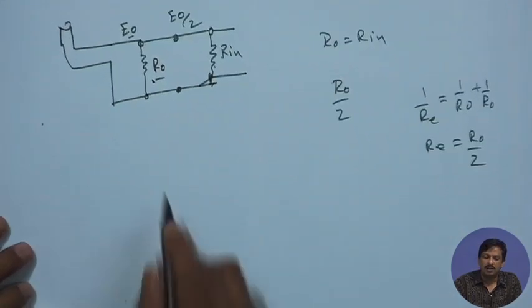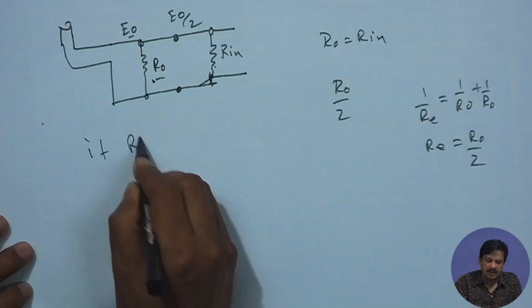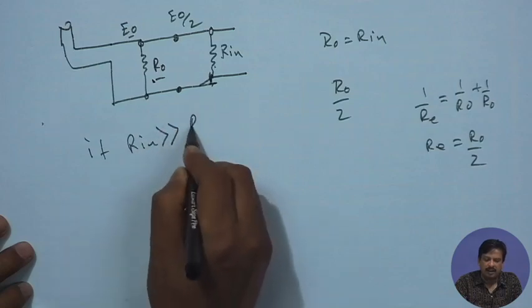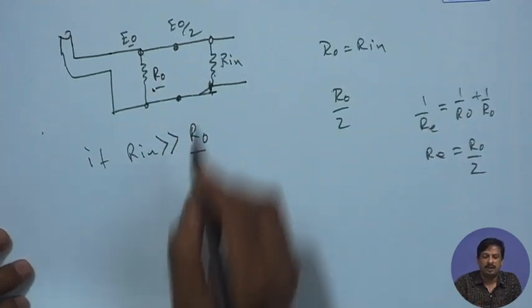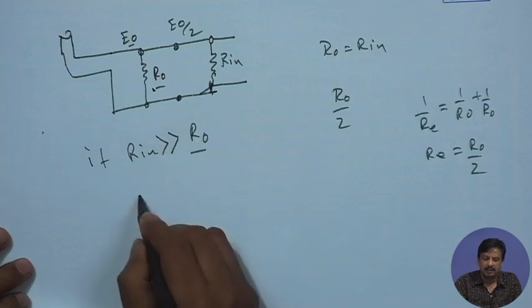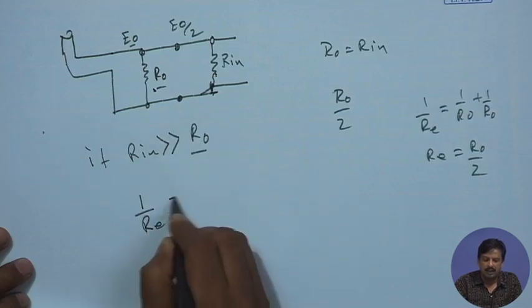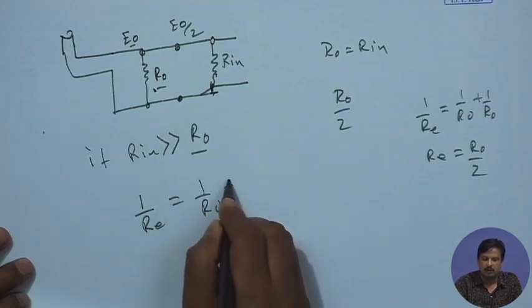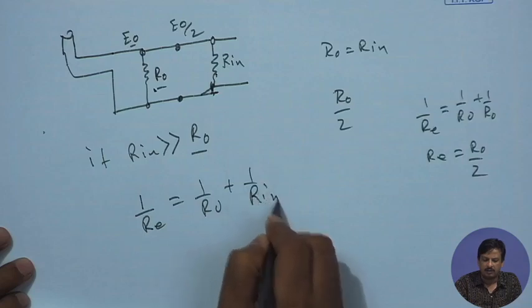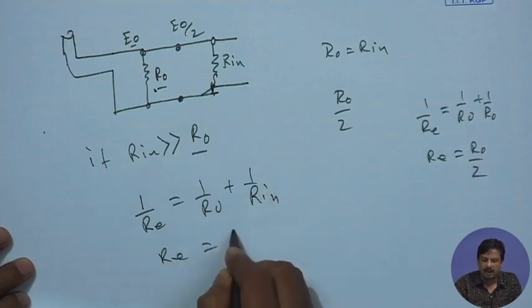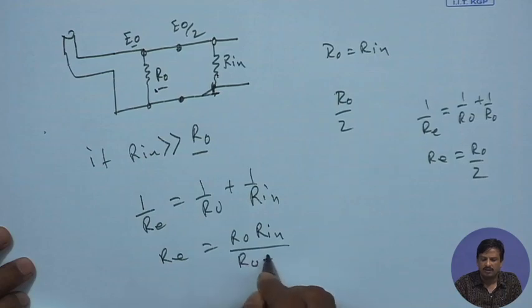But if R in is much greater than R 0, that means R in is very high, then 1 by R E is 1 by R 0 plus 1 by R in. So, R E is R 0 R in divided by R 0 plus R in.